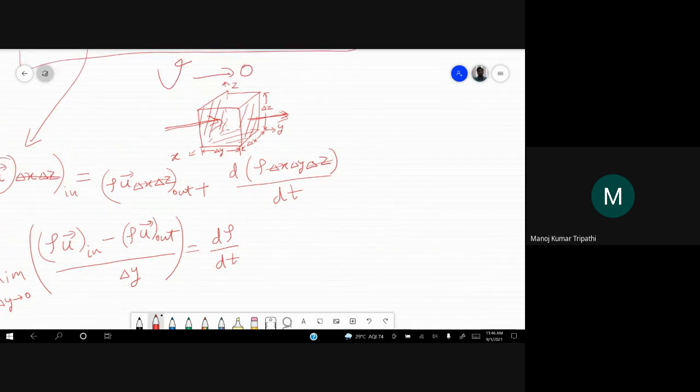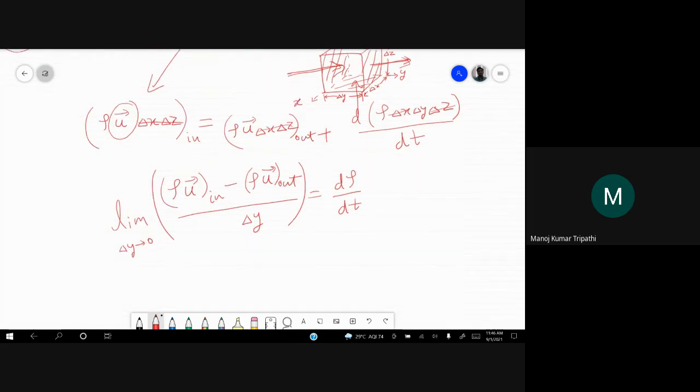If we consider all the other directions, then we will get here plus rho u in delta y delta z, okay, and rho u minus delta y delta z out, and so on, all of these things.